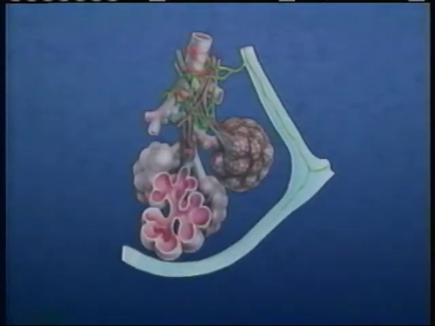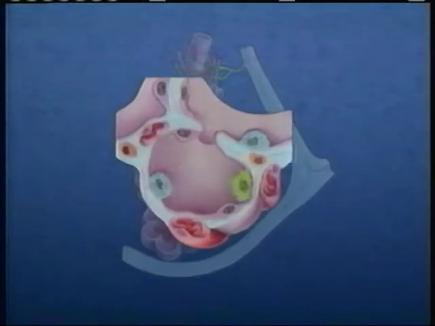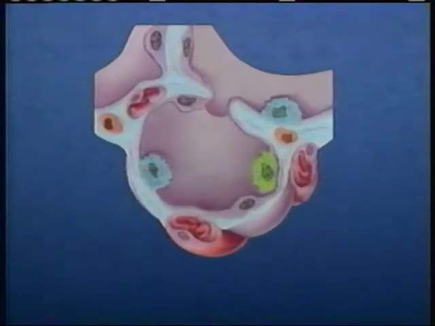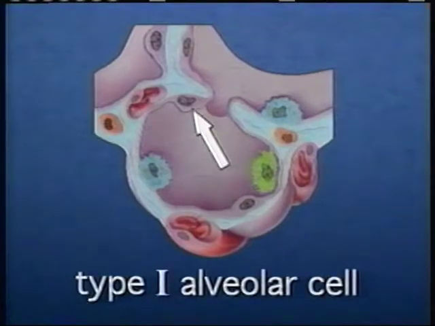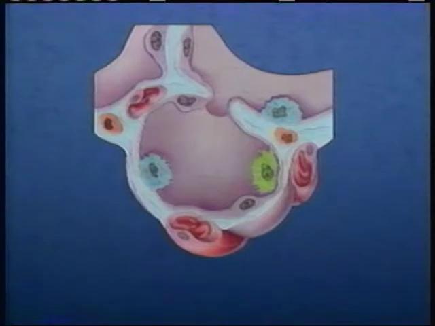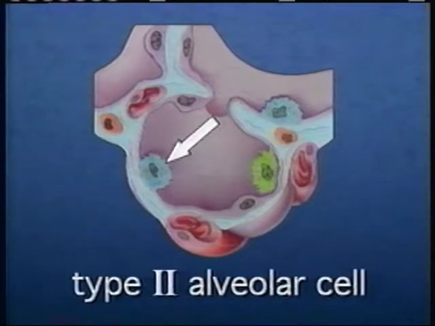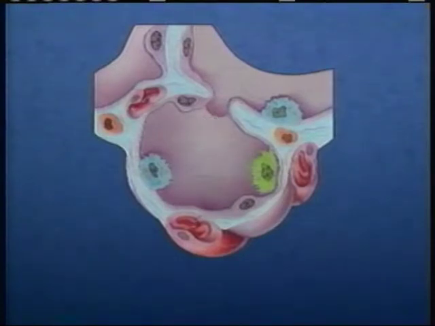The thin wall of the alveolus is composed of a single layer of simple squamous epithelium supported on a basement membrane containing elastic fibers. These simple squamous epithelial cells are referred to as type 1 alveolar cells. Also scattered along the wall of the alveolus are type 2 alveolar cells, which secrete surfactant to decrease surface tension within the alveolus.